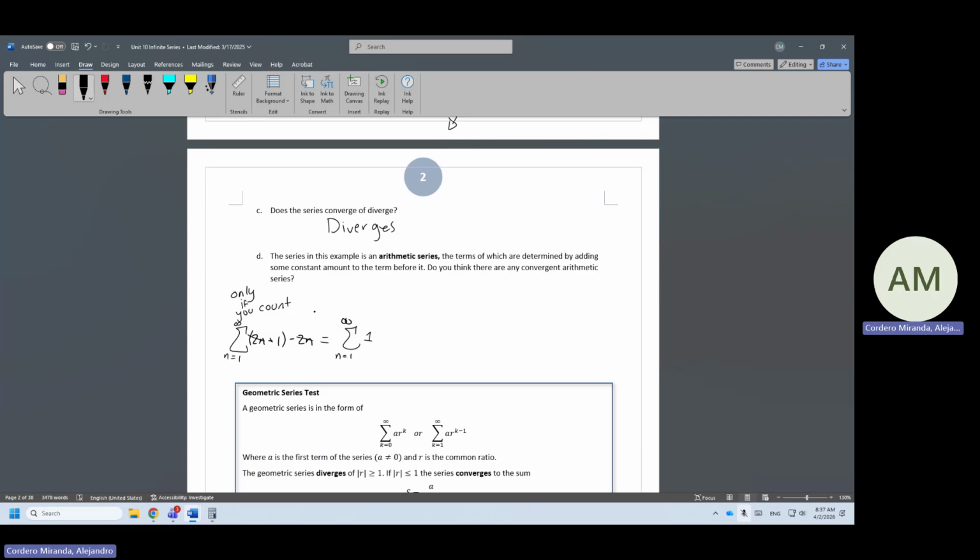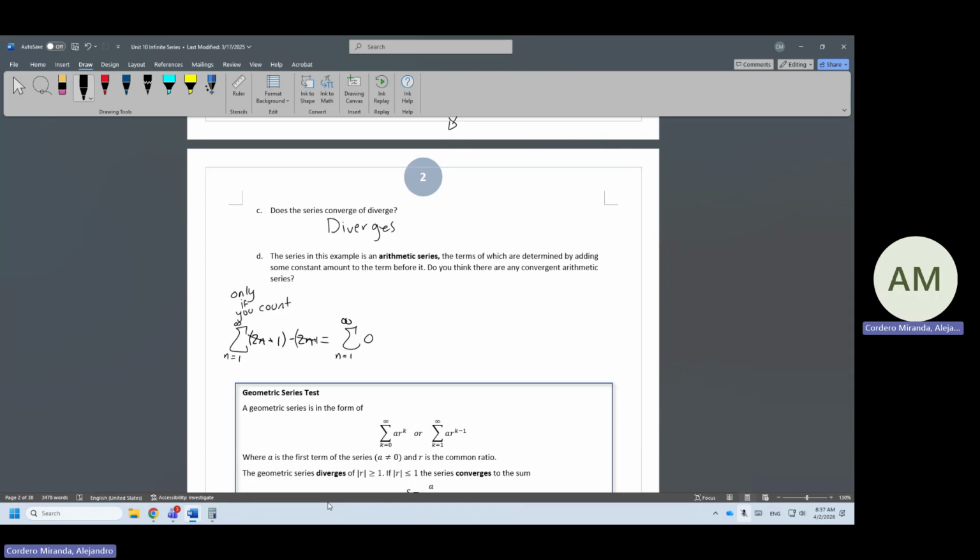So still it doesn't converge. But maybe if you just count this as an arithmetic sum, then of course 0 plus 0 plus 0 plus 0 is going to converge.